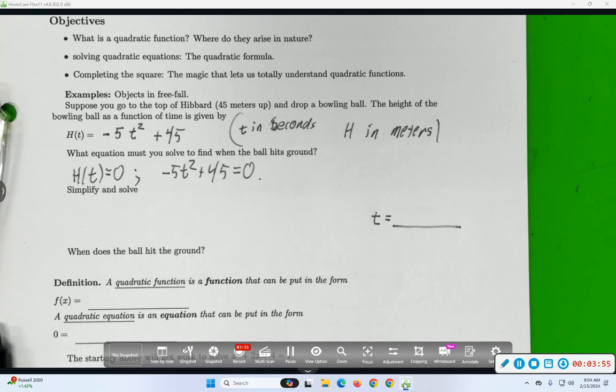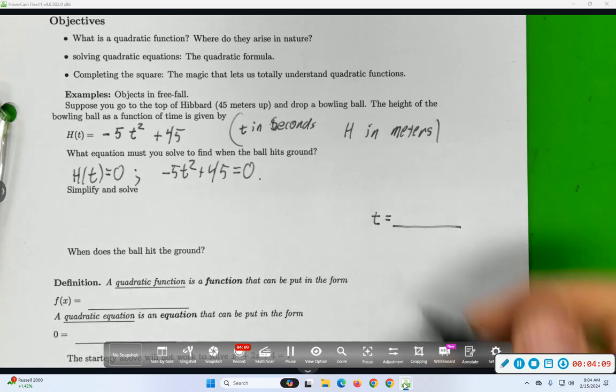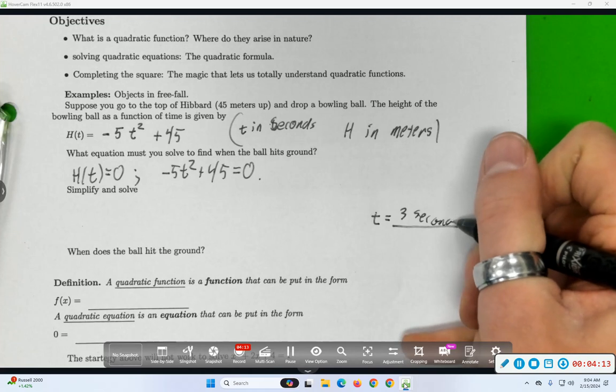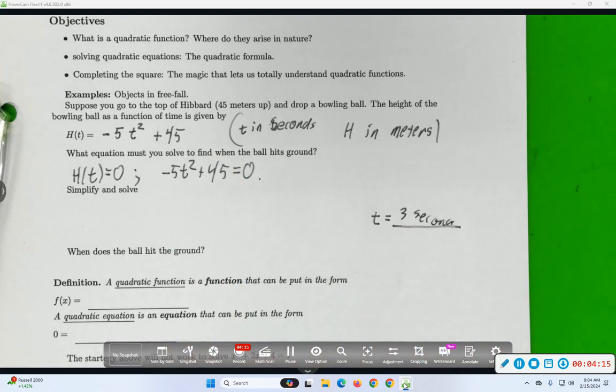When does this ball hit the ground? At 3 seconds. I hear 3 seconds. Do I hear a second? Awesome. Yeah, I agree. Anyone want to talk through that one? Cool, let's talk through it. T equals 3 seconds. So to solve that equation, what strategy did you follow?